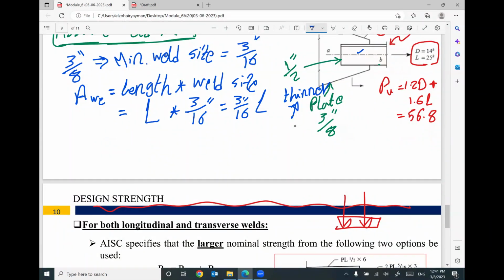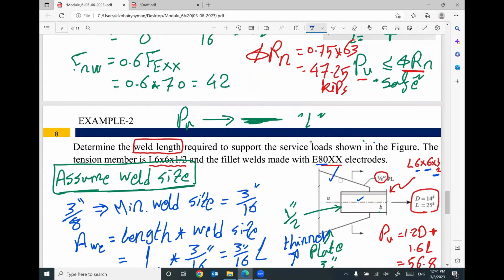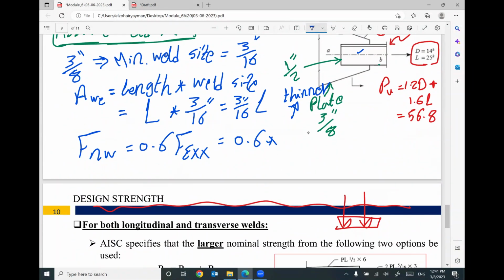Fnw equals 0.6 FEXX. The type of electrode is E80, so this FEXX will be 80. Your value will be 48 ksi. And your phi equals 0.75.